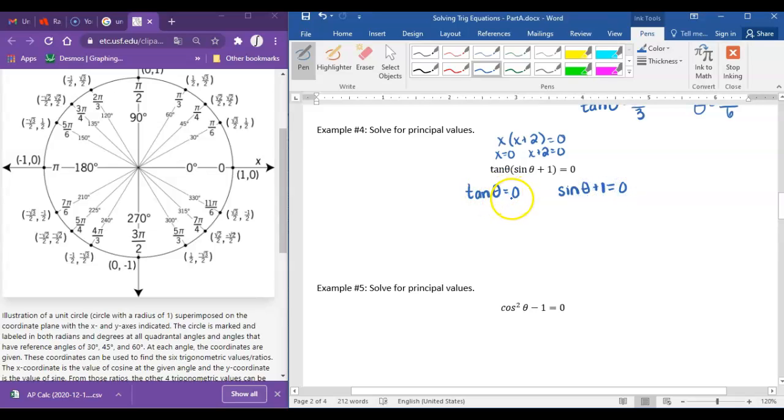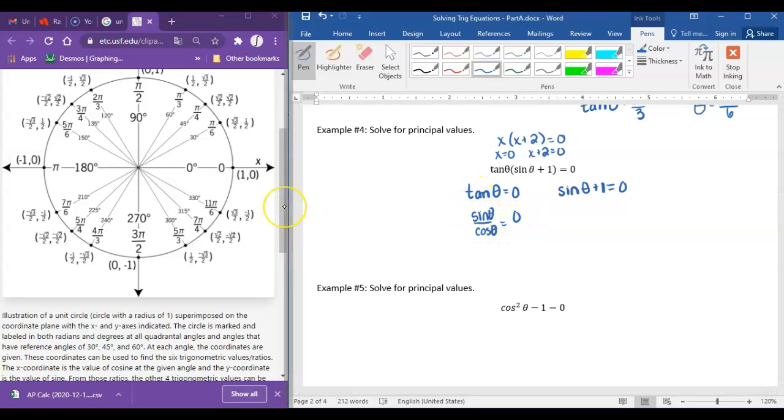So for tangent of theta, where this equals 0, this means sine of theta over cosine of theta has to equal 0. And for that to happen, sine has got to be 0. Cosine cannot be 0. Remember, for tangent, principal values are the first and fourth quadrants.